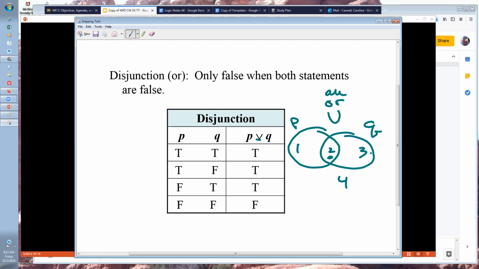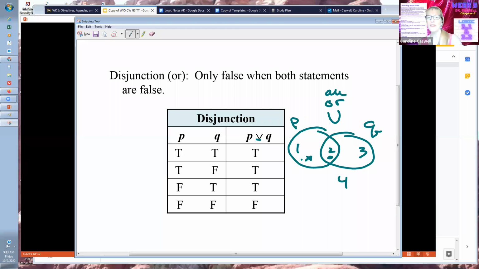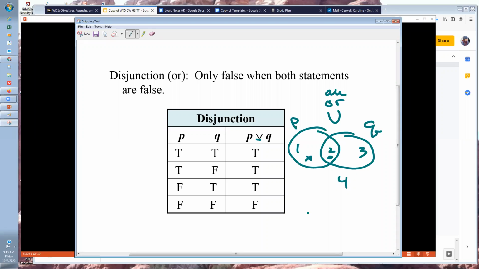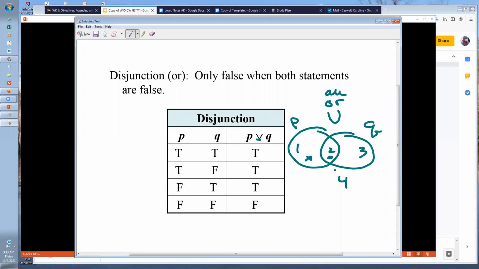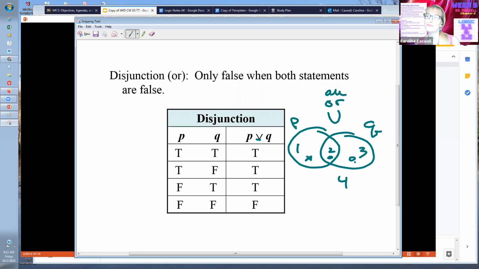Am I in 1, 2, 3, or 4? 1, of course. If I have FT, where am I? 3. That's correct. I'm going to put a zero there. And where's FF? 4. Okay, I'm going to make that a box out here.